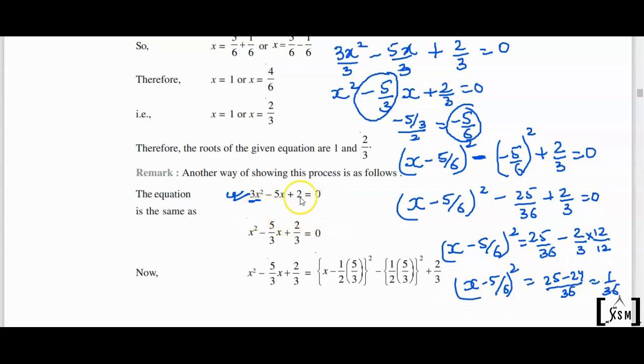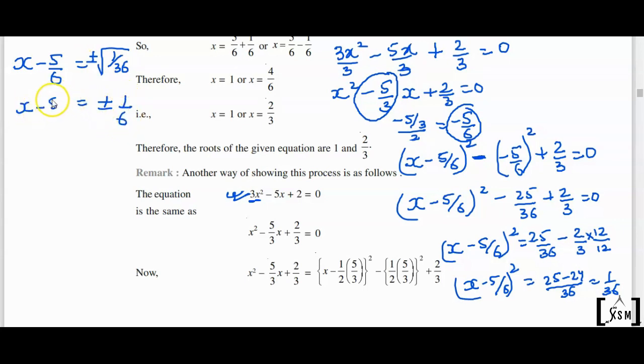In the next step we bring the square term to the other side. So x − 5/6 equals the square root of 1/36. It is actually positive and negative, that is ± 1/6.